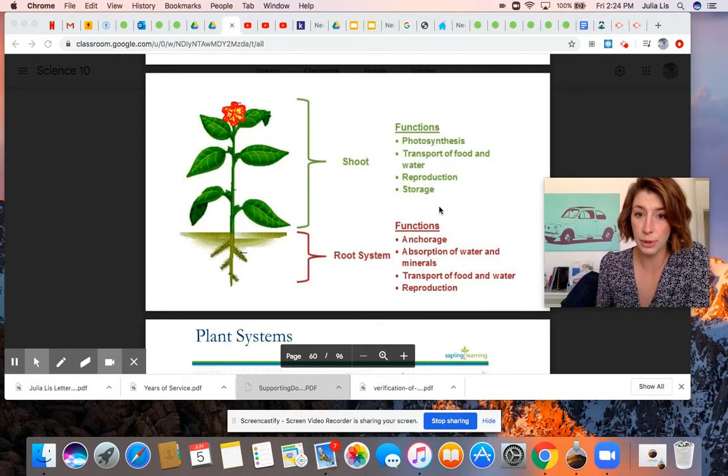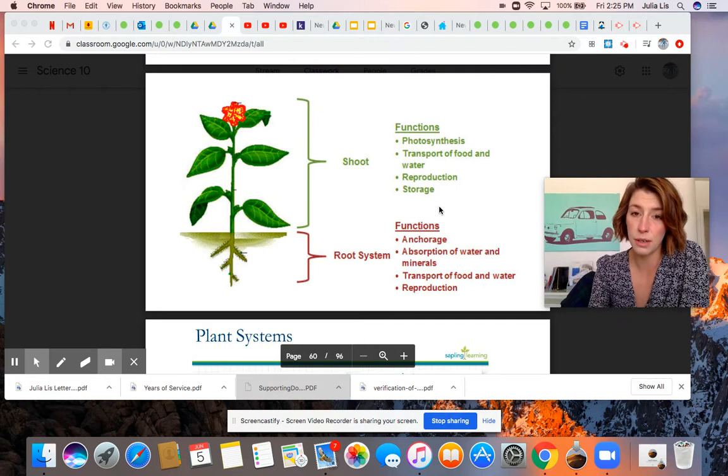And so it's grounded. Some reproduction can take place in the root systems as well, but mostly lots of nutrient absorption is going to take place at the roots, or exchange of nutrients with other organisms even. You can have some symbiotic relationships between plants and other organisms. Absorption of water, which will be really important, will come through the roots.